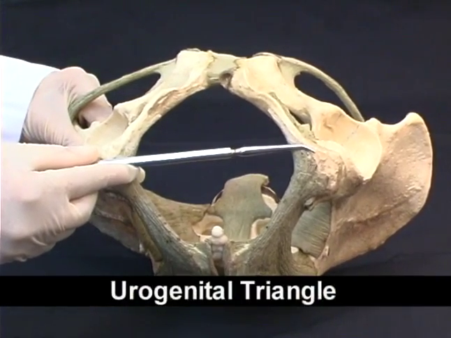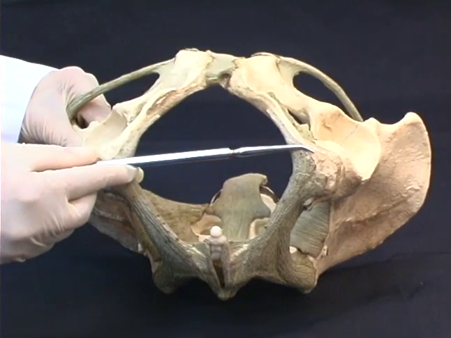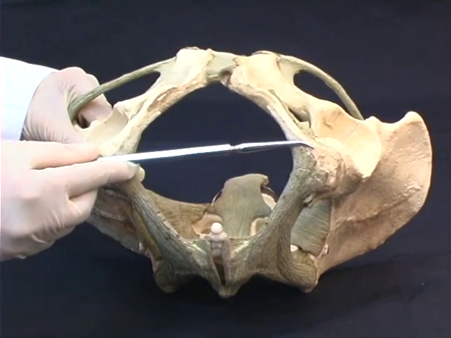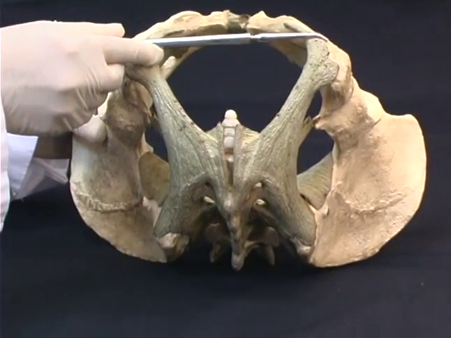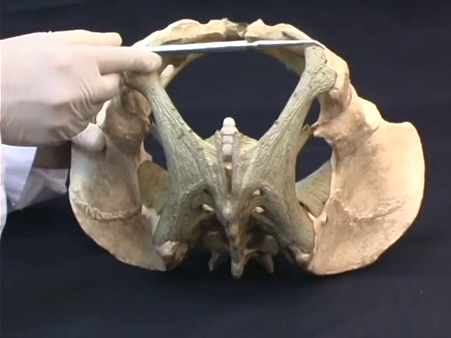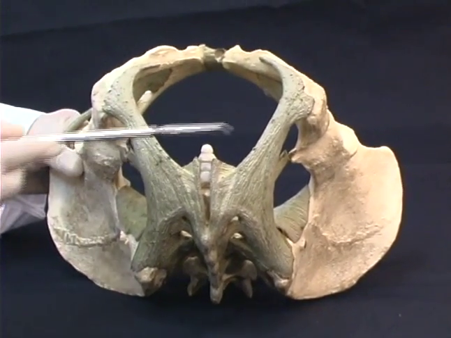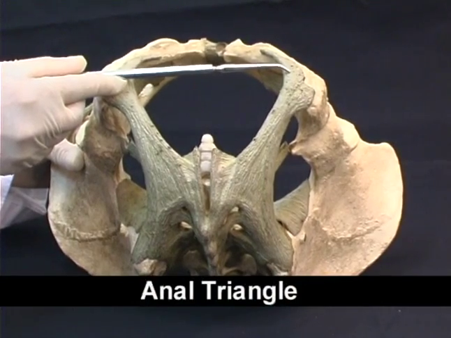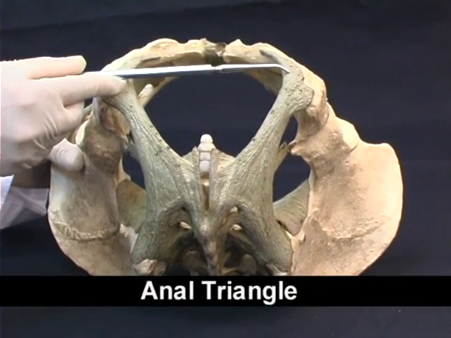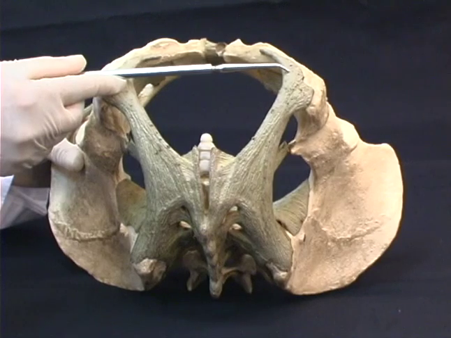This is the area where the opening for the urethra and the vagina is present. The posterior triangle, this area here, is the anal triangle. Anal triangle contains the opening of the anal canal.